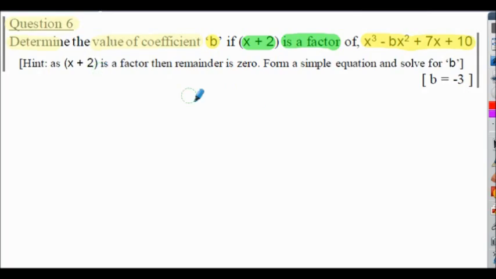There's a hint in the question: as x plus 2 is a factor, then the remainder is 0. So knowing this, we are able to generate a simple equation and solve the equation for coefficient b. Answer for b is shown in the bracket here.